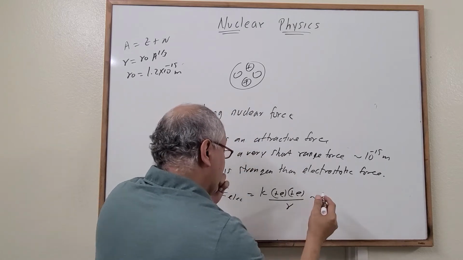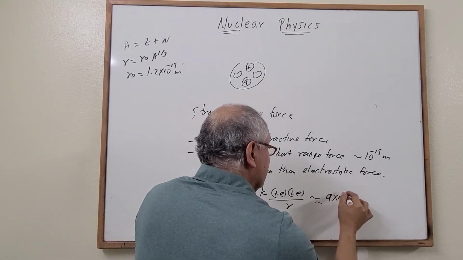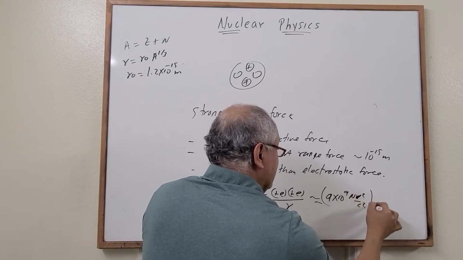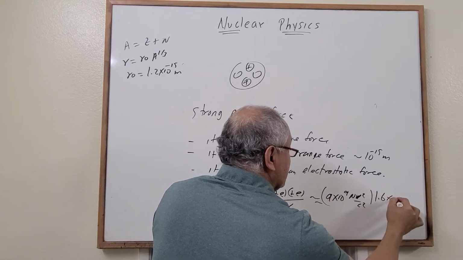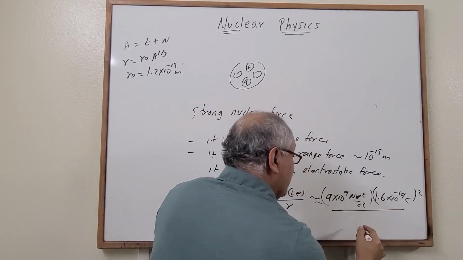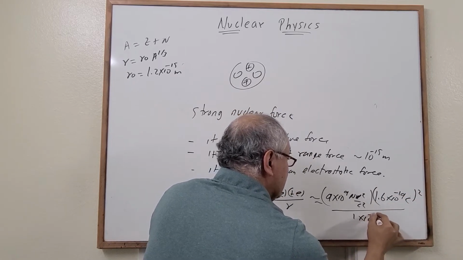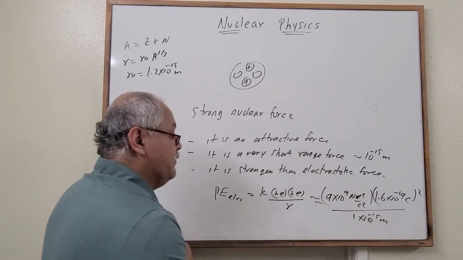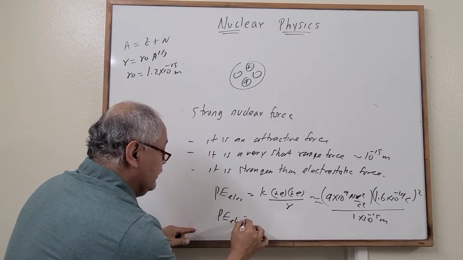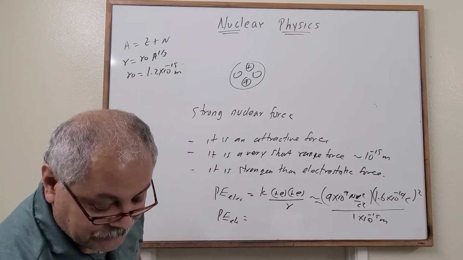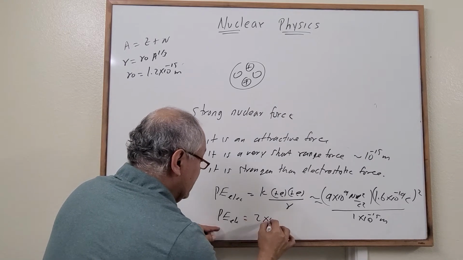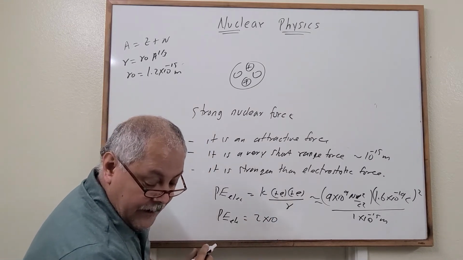It's equal to about 9 times 10 to the 9 newton meters squared per coulomb squared, times 1.6 times 10 to the negative 19 coulombs squared, divided by 1 times 10 to the negative 15 meters.